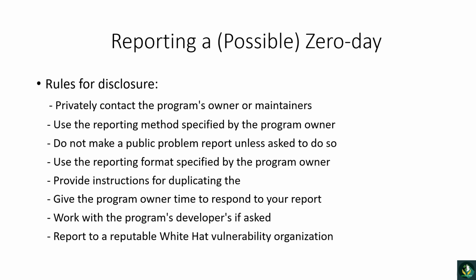Use the reporting method specified by the program's owner, and do not make a public problem report unless you are asked to do so. Mostly use the reporting format specified by the program's owner, and also provide instructions for duplicating the problem.